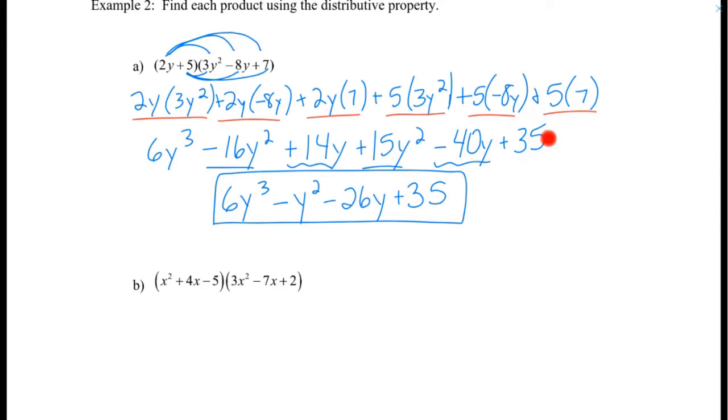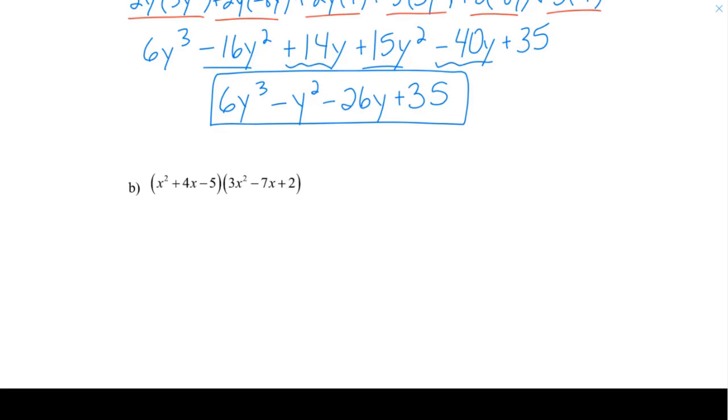So 2 terms times 3 terms gave us 6 terms before we combined like terms. Here I have 3 terms and 3 terms, which means we're going to have a total of 9 terms before we simplify. So again, write neatly, write small.